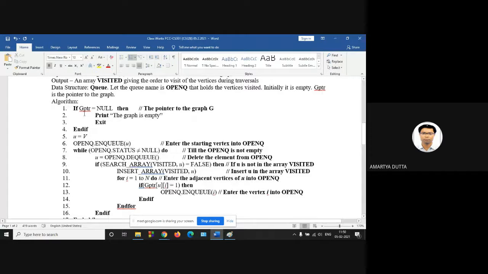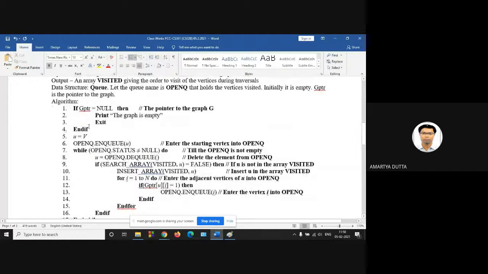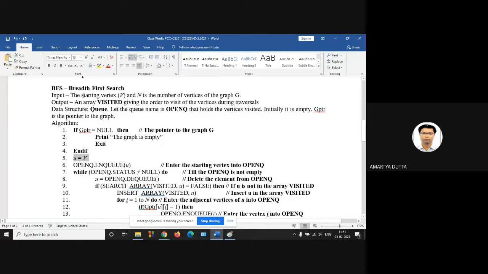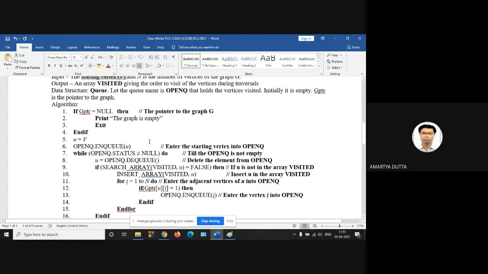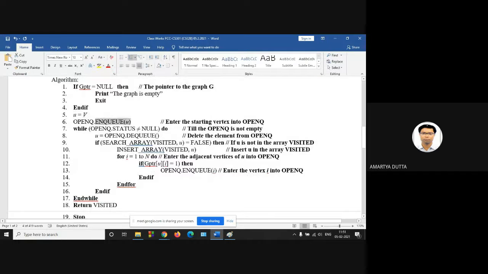If your GPTR is not null, print the graph is empty. So line number 1 to 4 will not be executed. Line number 5, V is the starting vertex. Here in our example, P is given as the starting vertex. So P is copied in U and open Q NQ P. That is, P is inserted.